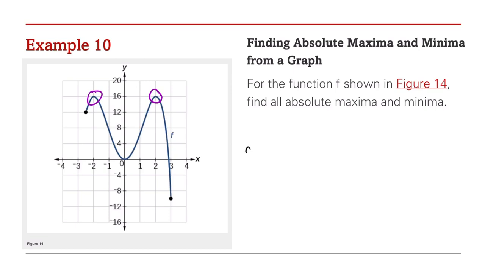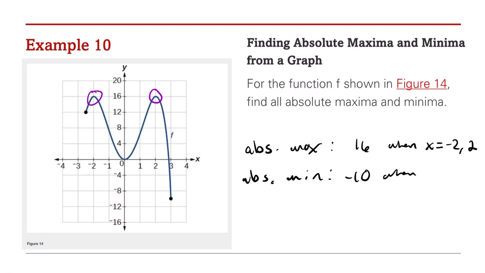So I'll say the absolute max looks like it's 16 when x is -2 and 2. And then the absolute minimum value looks like it's -10 when x is 3.